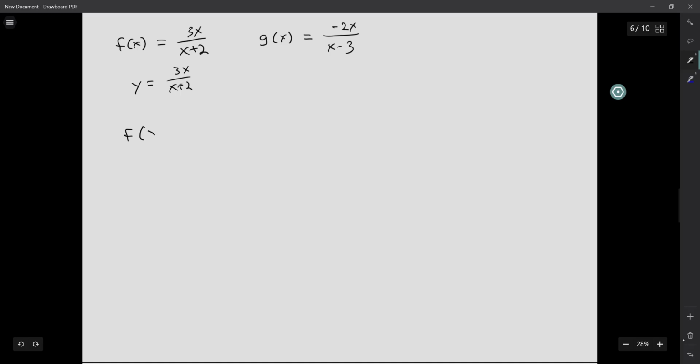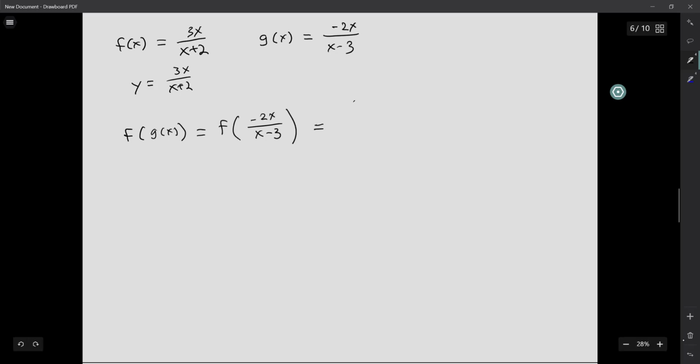We'll have f of g of x. This is going to be equal to f of, this will be fun, negative 2x over x minus 3. So I'm plugging that in place of x on f.